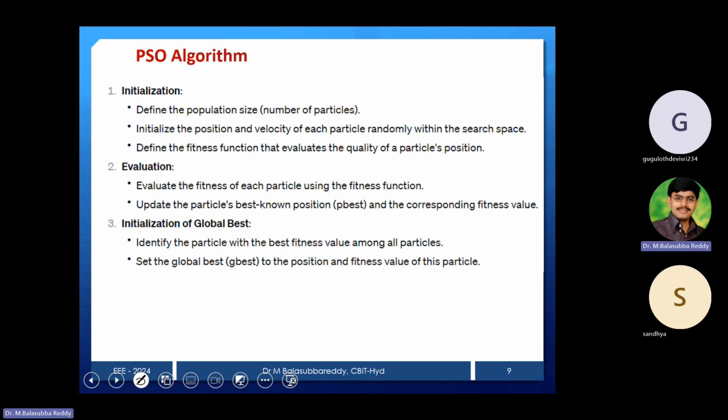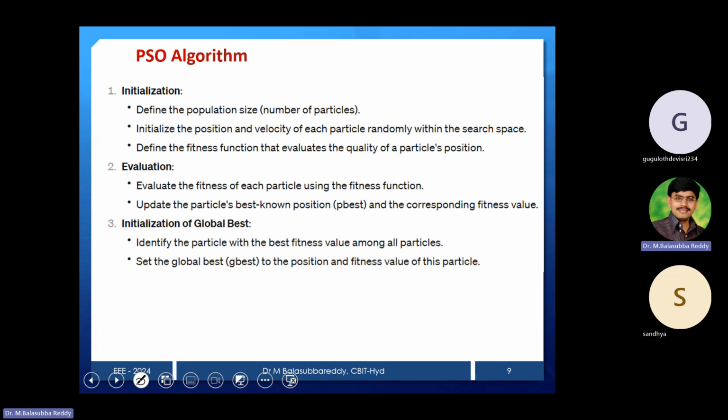And we'll see what steps are involved in the PSO algorithm, because to solve the problem we have a step-by-step procedure for how the solution will arrive using PSO. Like that, in the genetic algorithm also, we did initialization, then selection, then random generation, that is the initial population.